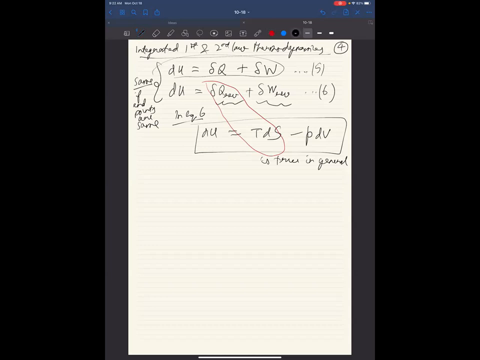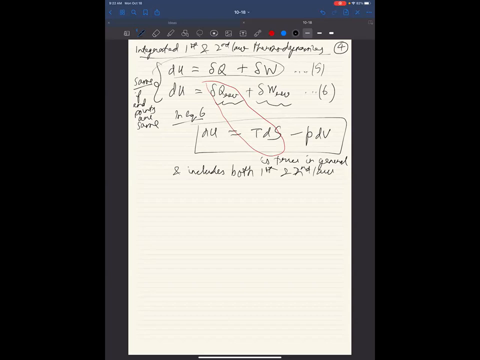So this equation includes both first and second law. And it is my favorite equation in thermodynamics because it includes everything. It's just awesome. If you forget anything, you can start from here. You can pretty much rederive everything in this course from this equation. dU is equal to TdS minus PdV.